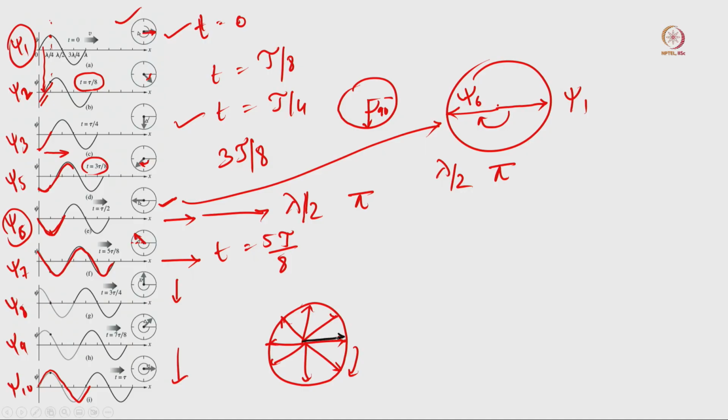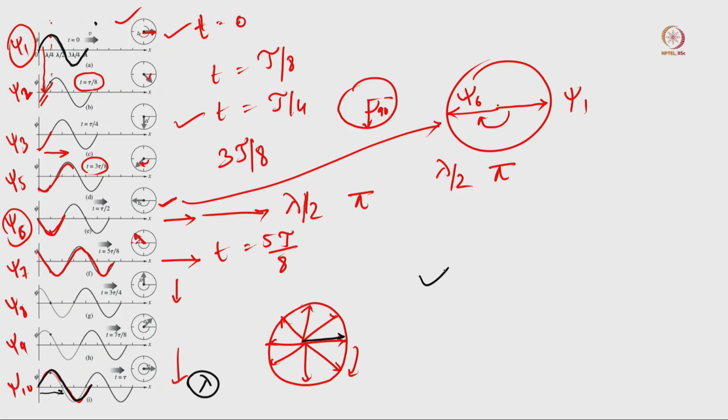So even in this diagram you can see both waves are almost in the same phase, but wavelength-wise, this is completely one wavelength different from the first wave.